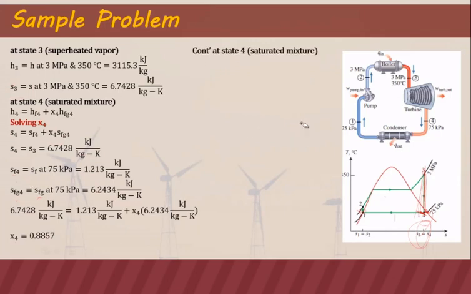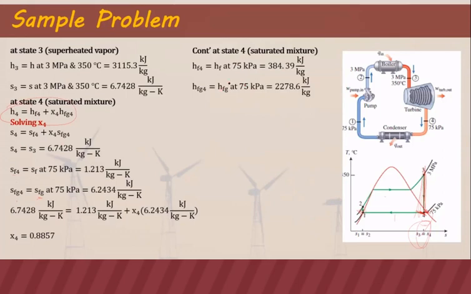Okay, so since we already have our X4, now we can get the value for H so that we can substitute that in this equation. So our HF4, we can still get that at the saturated liquid table, HF at 75 kPa. That's 384.39, which is equal to H1, right? Because H1 is HF, that's why it's the same.